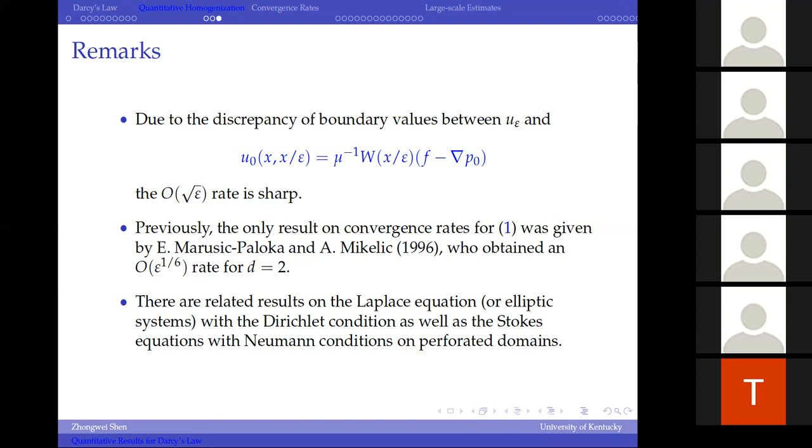In that case, because you're assuming, for instance, the Neumann data vanish on the boundary, there is a natural extension. You can extend the solution into the obstacle without causing much singularity. Well, in the Dirichlet case, you have to extend by 0, and that creates lots of problems as far as the regularity is concerned.